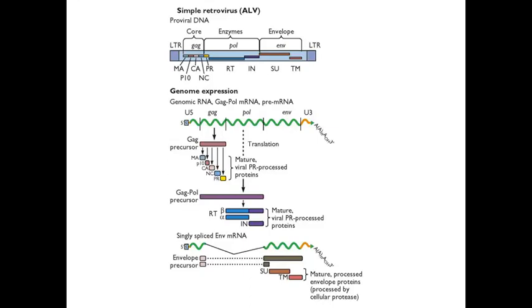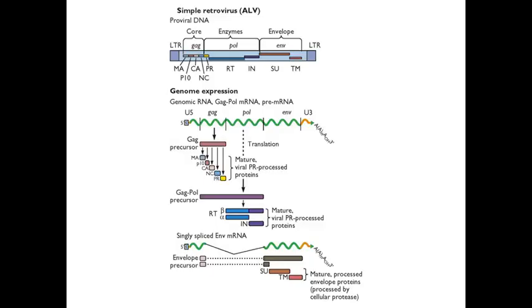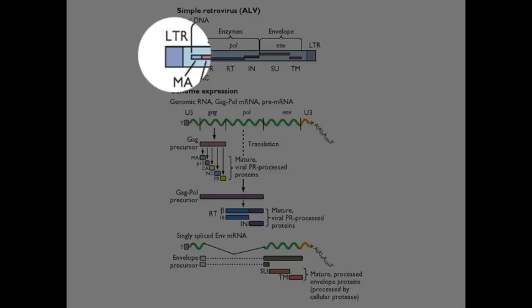So here's the genetic coding strategy of these viruses, if you will. On the top, we're looking at what we call proviral DNA. So this is the viral genome converted to DNA as it is integrated in the host. And you'll see it's in blue because it's DNA. And there are two what we call long terminal repeats at either end, LTRs. We'll talk about what they are in a moment.